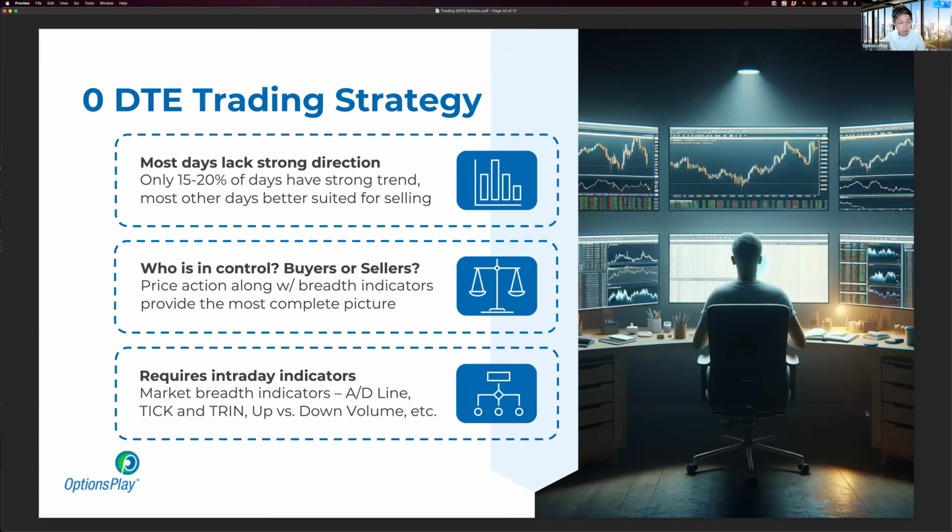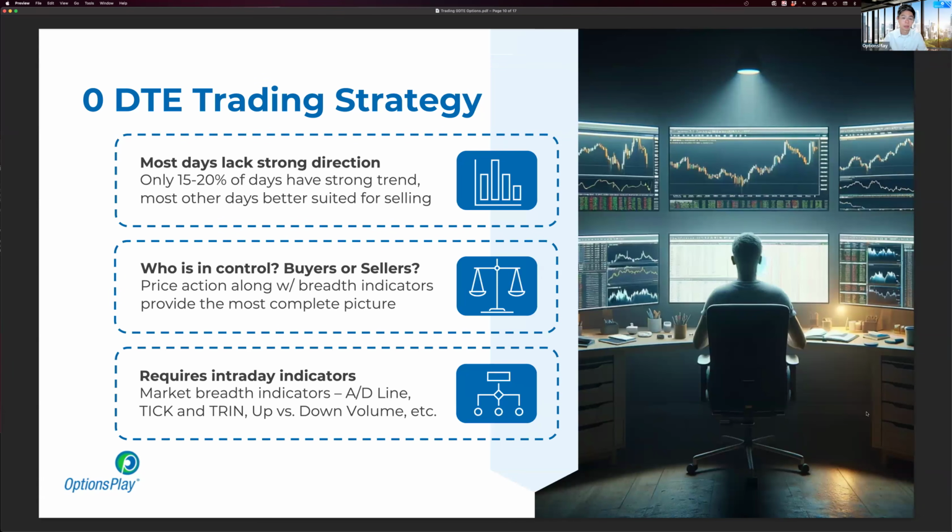So now that we've talked a little bit about the different products that you can trade, it's going to take a little bit of time to digest and try out the different products to see what works for you from a settlement perspective and from a sizing perspective.